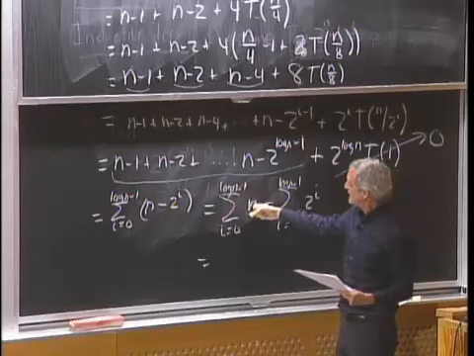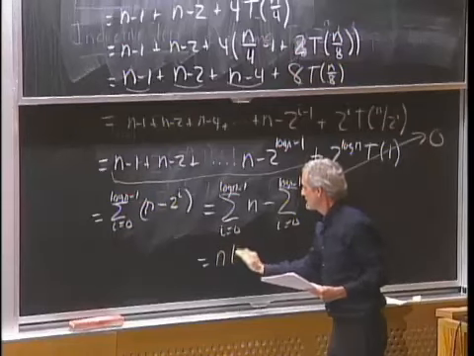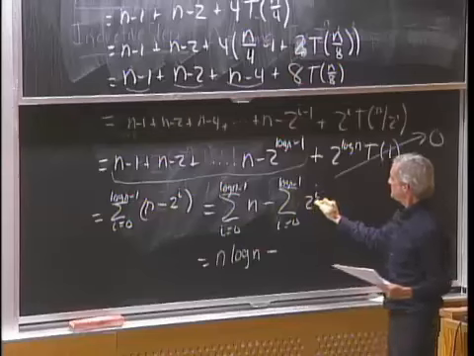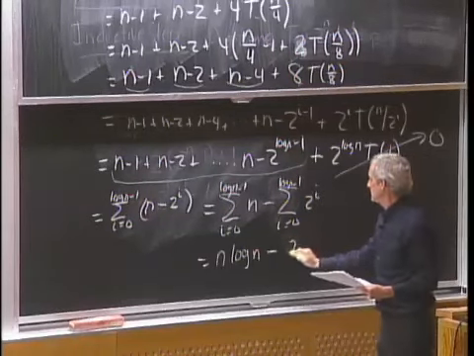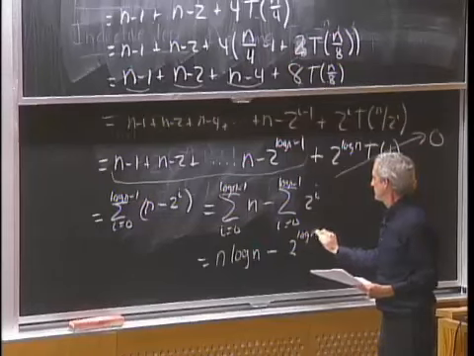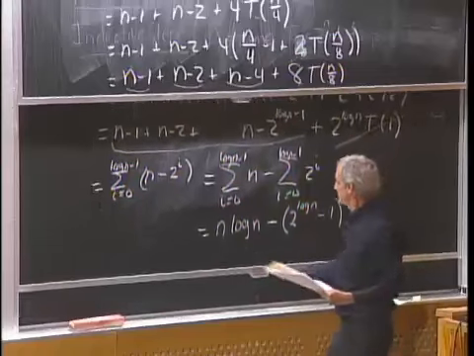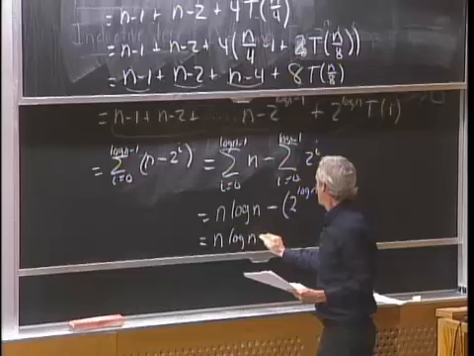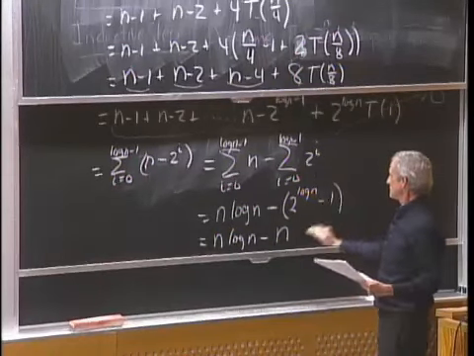I'm just adding n up a total of log n times, so I have n log n. This is just summing the powers of 2, which we know how to do. So that's going to be 2^(log n) minus 1. And so we get our answer is n log n minus 2^(log n), which is just n, minus minus 1 is plus 1.